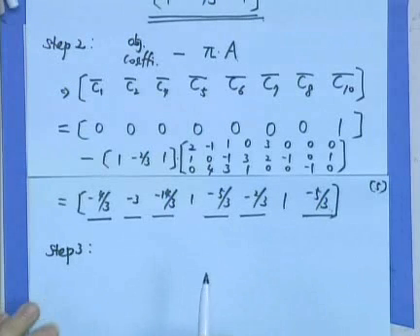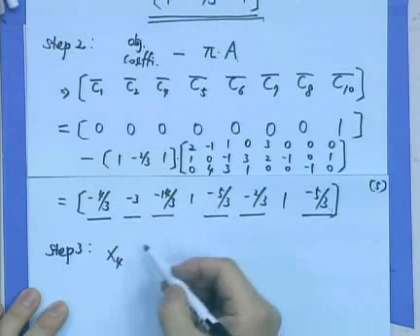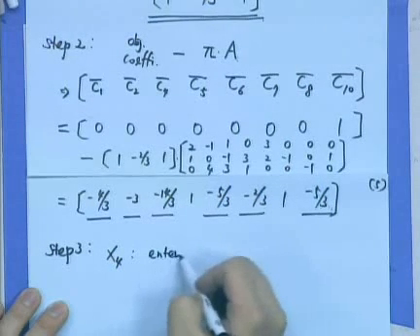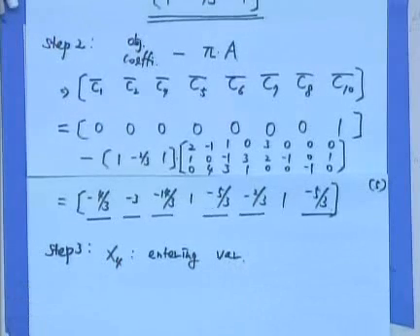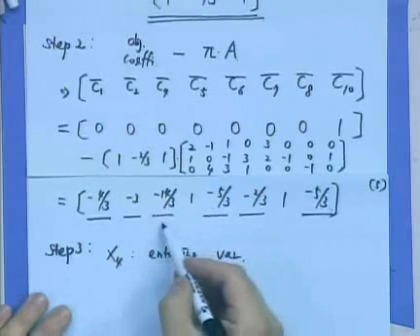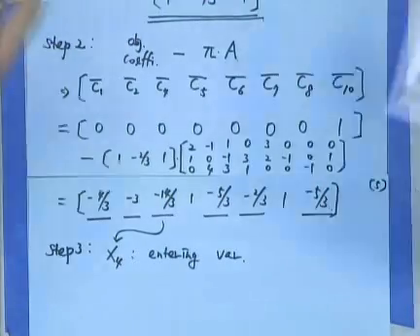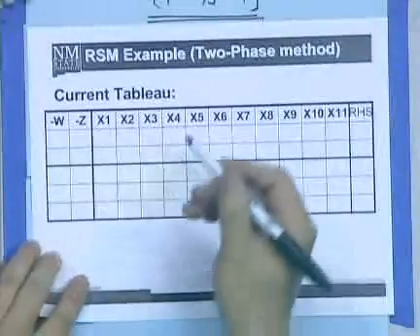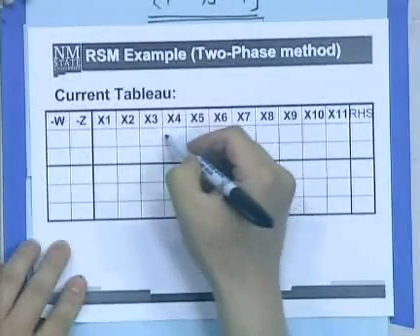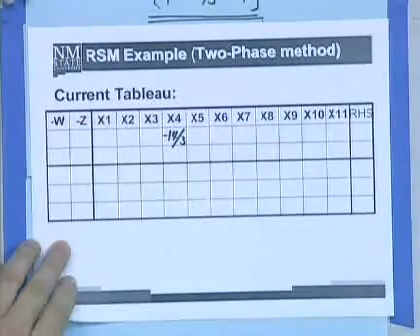We just arbitrarily select x4 to enter the basis. Okay. So our current table becomes negative 14 over 3, right?